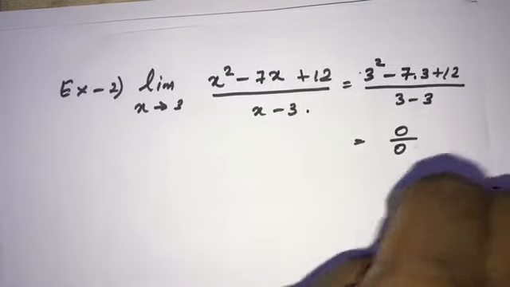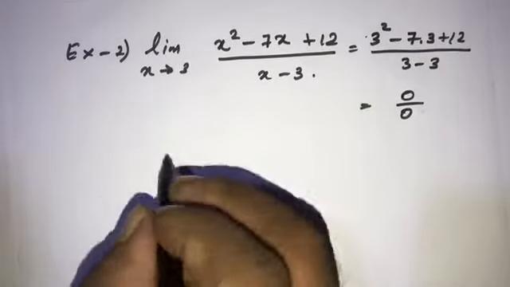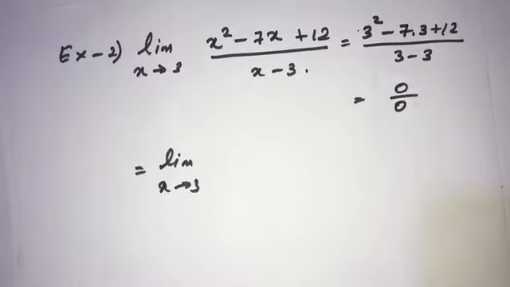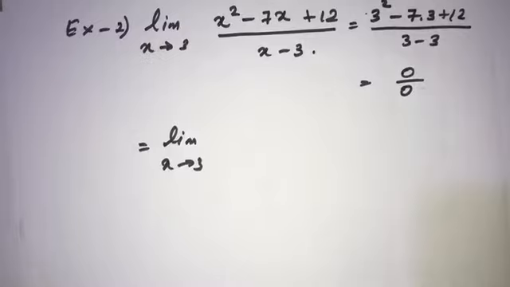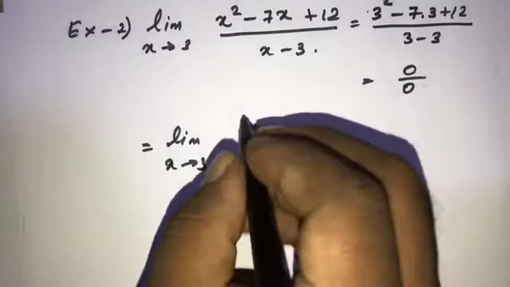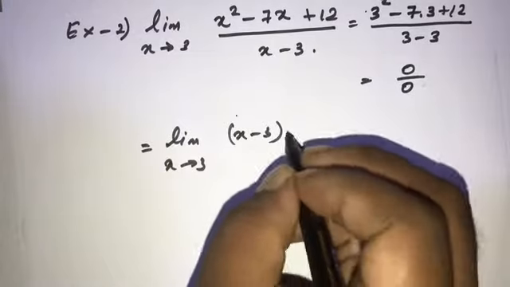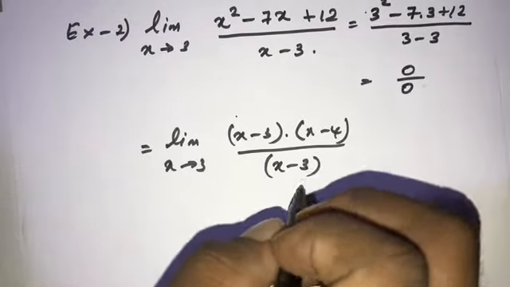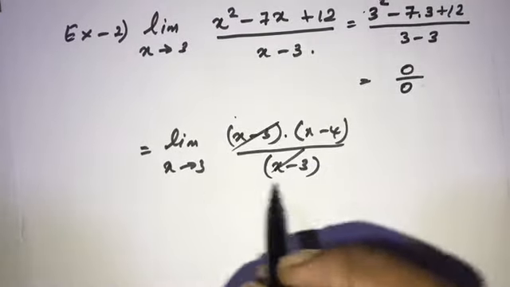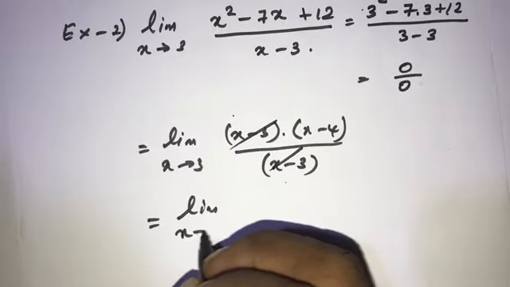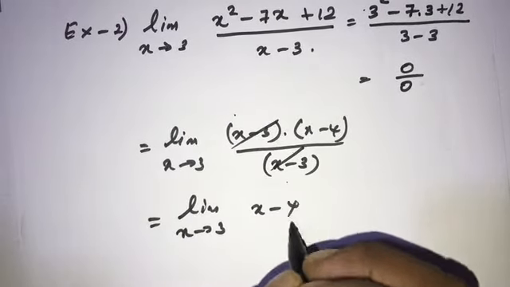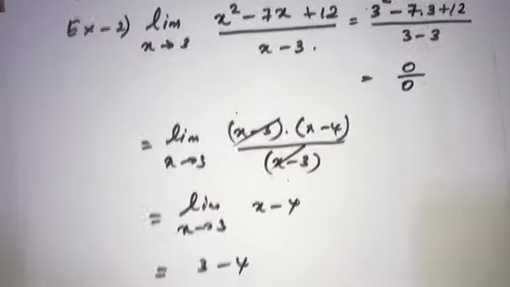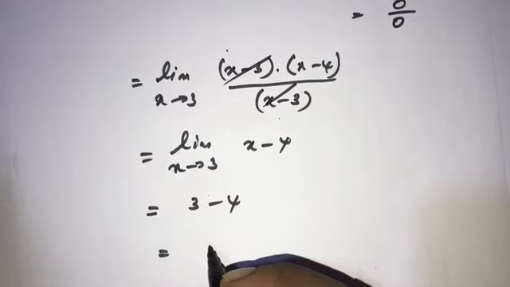So we want to try the factoring method. We can see the numerator has factors: x minus 3 times x minus 4, over x minus 3. Dividing out, x minus 3 gets cancelled. So limit x goes to 3 of x minus 4. Substitute 3 for x: 3 minus 4. So the answer is minus 1.